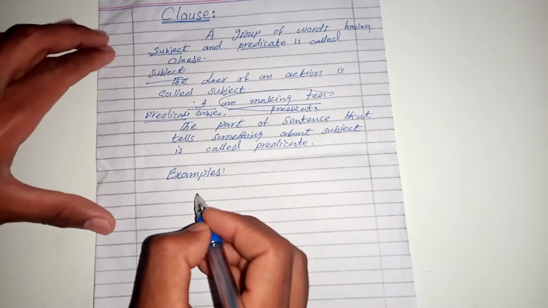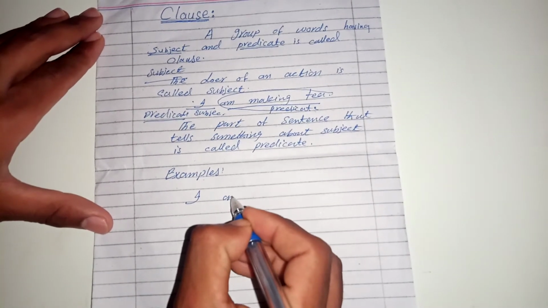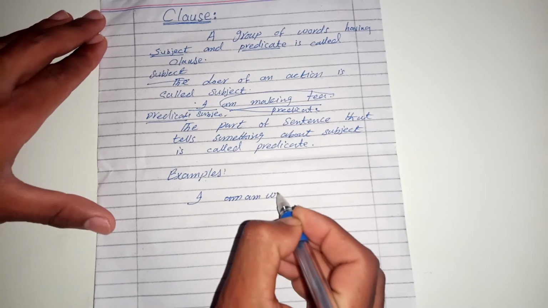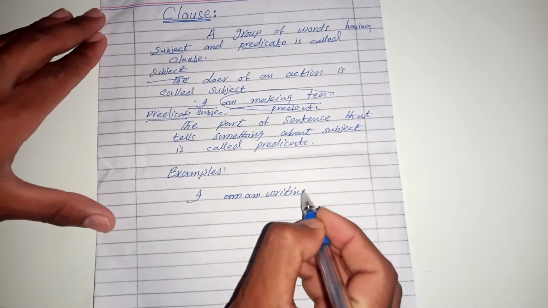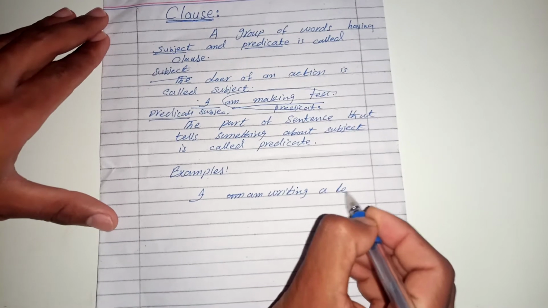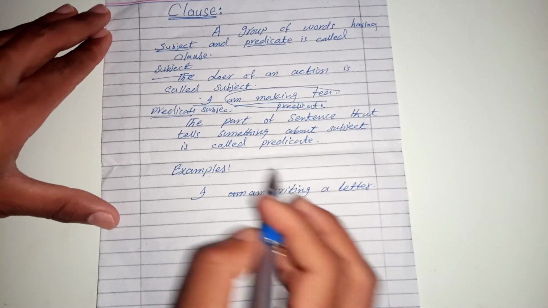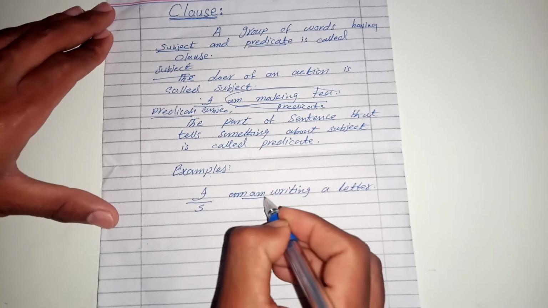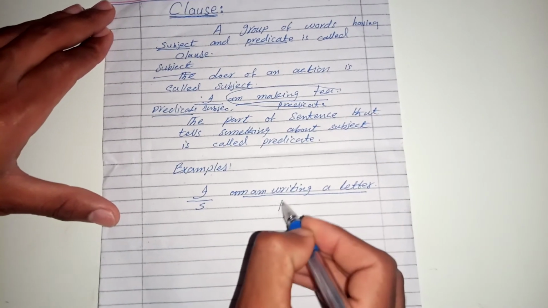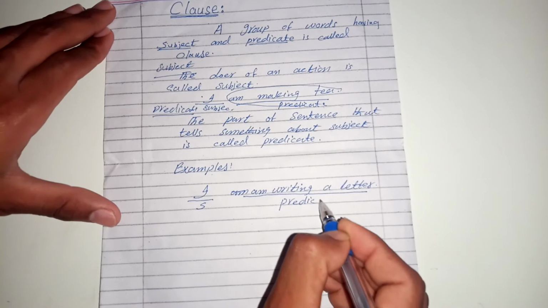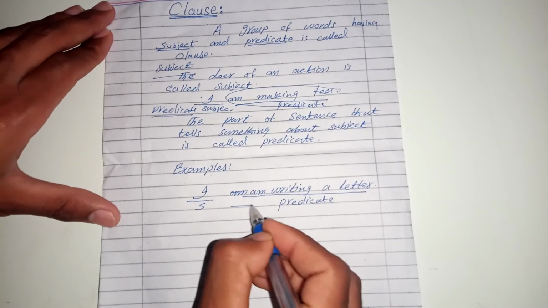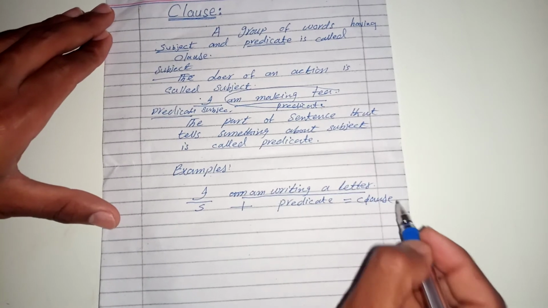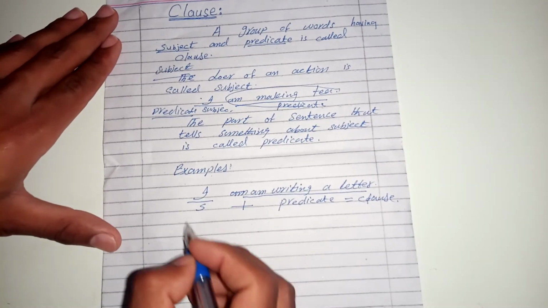So if I say, I am writing a letter, it means that I is the subject and the remaining part of the sentence is the predicate. So subject plus predicate is equal to clause.